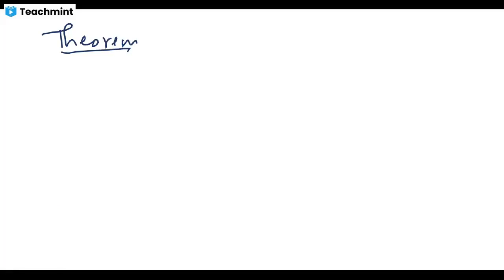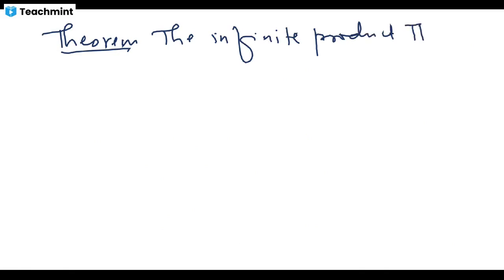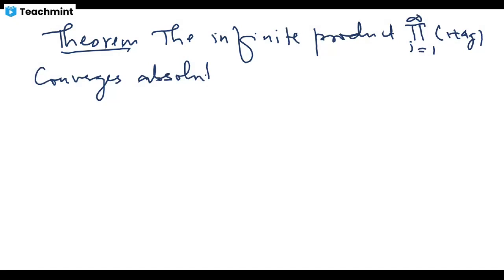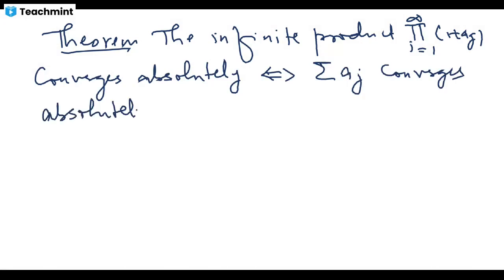It says that the infinite product 1 plus aj, j running from 1 to infinity, converges absolutely if and only if the series of aj converges absolutely.